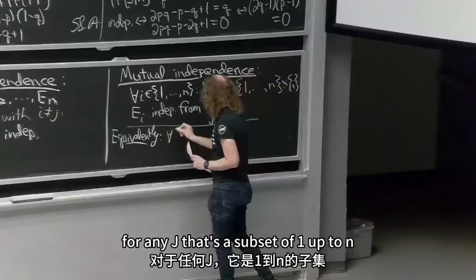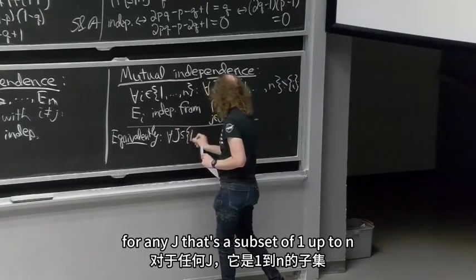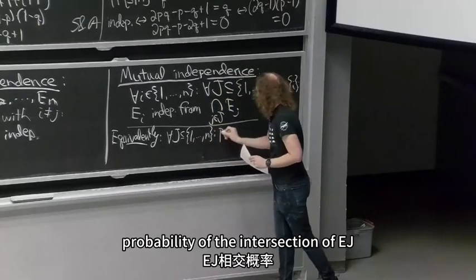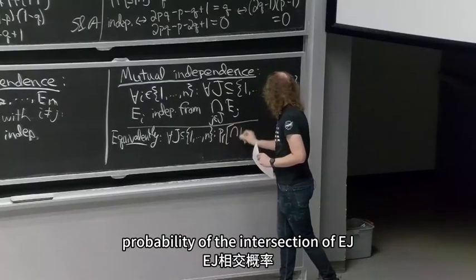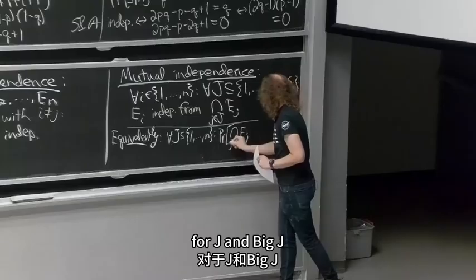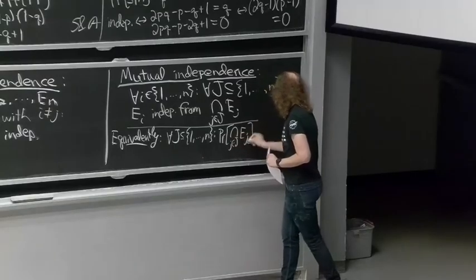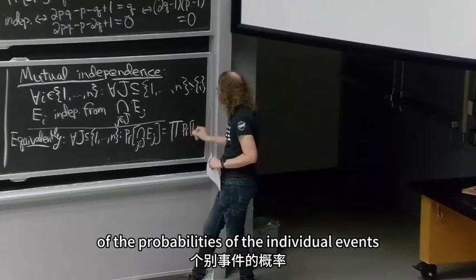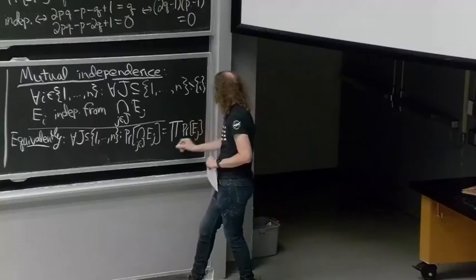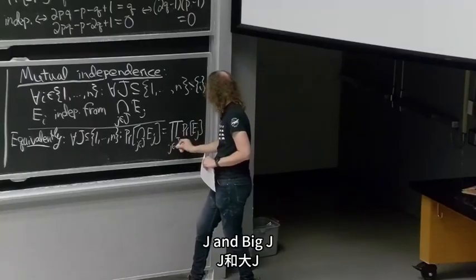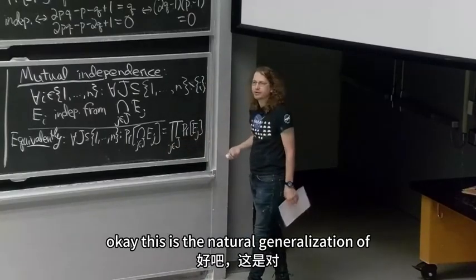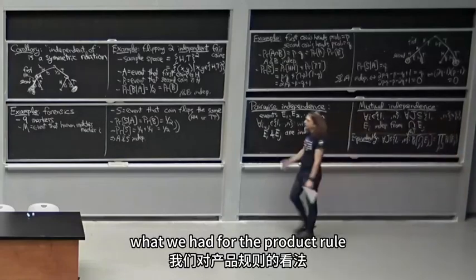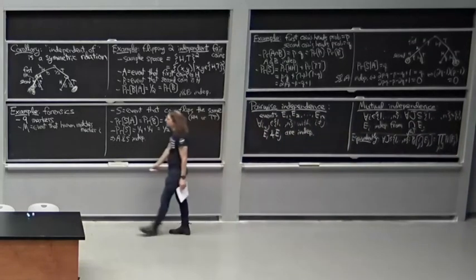For any J that's a subset of 1 up to n, the probability of the intersection of Ej for j in big J is equal to the product of the probabilities of the individual events for j in big J. This is the natural generalization of what we had for the product rule for independence between 2 events.